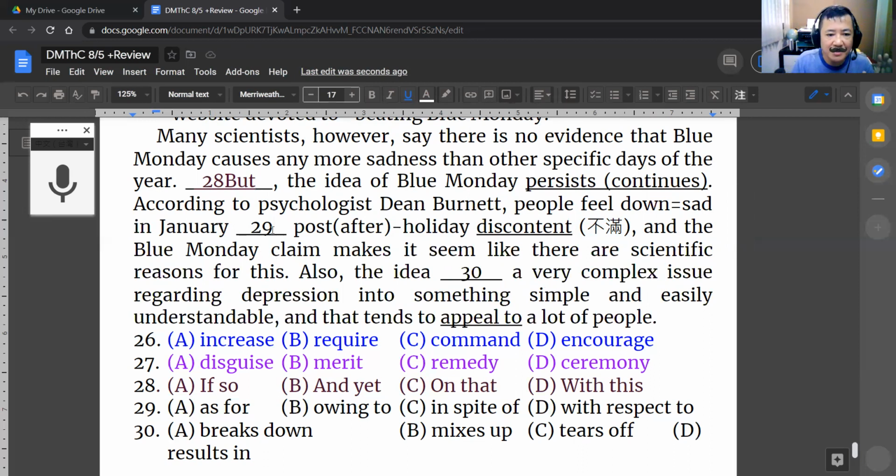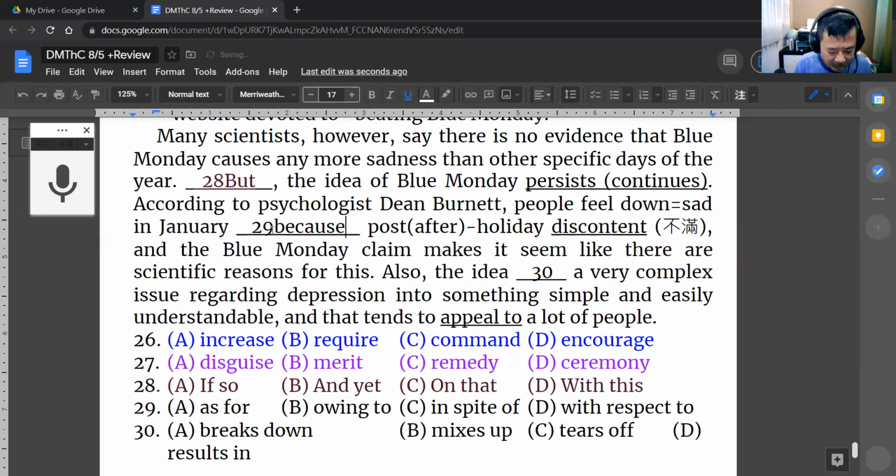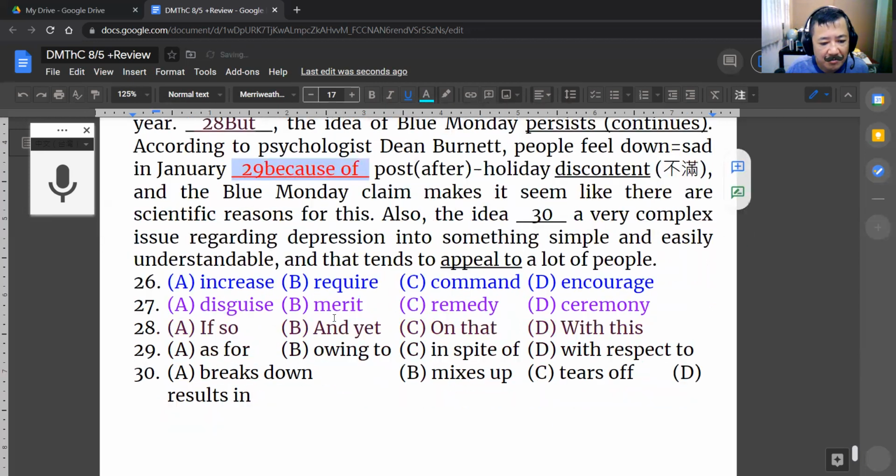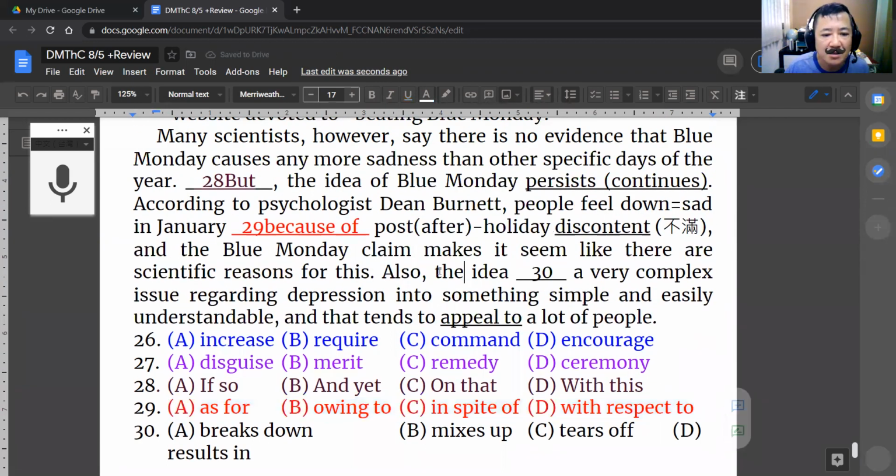So I need something that means because of. 后面是名词, so I have to use because of, right? Okay. Which one means because of? Okay. See if you have any intuitions about that.